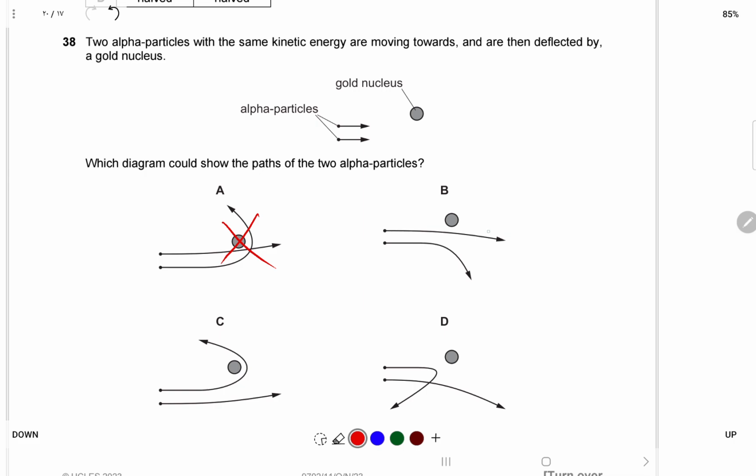Option B, this deflects a small amount and this deflects a large amount. This is incorrect. The closer to the nucleus must deflect more. Here again in option C we have attraction. This is incorrect. Option D is the correct answer. The alpha closest to the nucleus will deflect at a large angle, and the alpha which is away from the nucleus will deflect at a small angle. So option D is the correct answer.